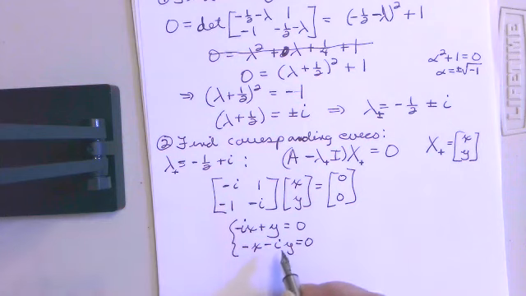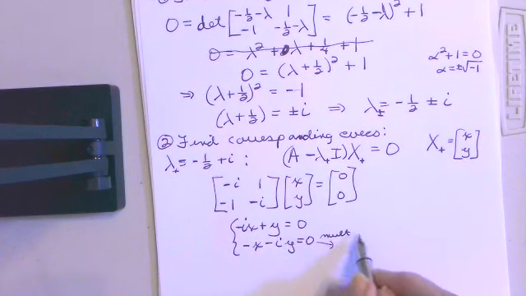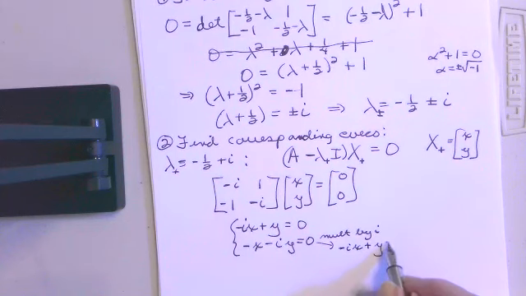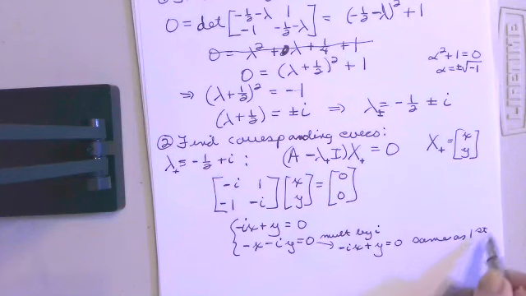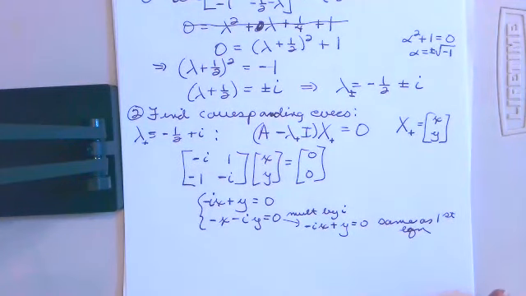But now you can see that these are the same equations, because if you take the second equation and multiply by i, you would get minus ix, and then i times minus i, so that would be minus i squared, but i squared is minus 1. So this would be plus y equals 0, and that's the same as the first equation. So you see they are the same equation. It just doesn't look quite as obvious as it did in the other case.